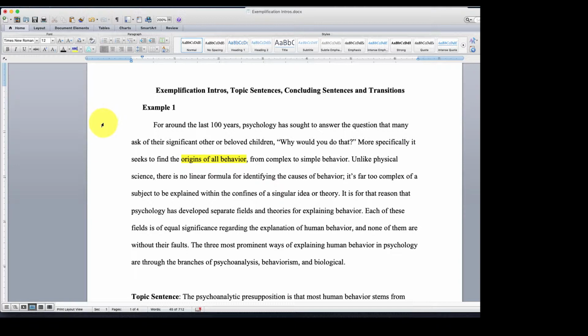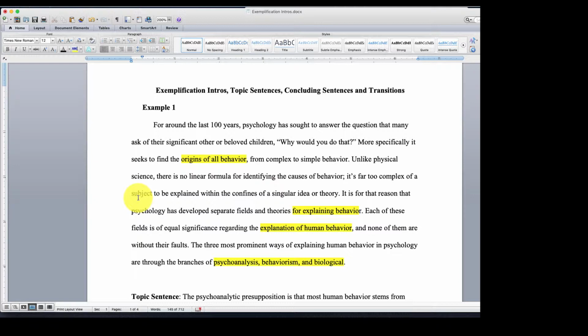It is for that reason that psychology has developed separate fields and theories for explaining behavior. Each of these fields is of equal significance regarding the explanation of human behavior, and none of them are without their faults. The 3 most prominent ways of explaining human behavior in psychology are through the branches of psychoanalysis, behaviorism, and biological.